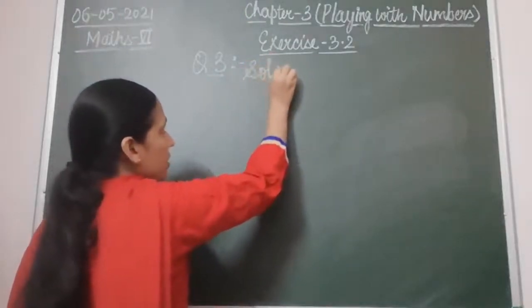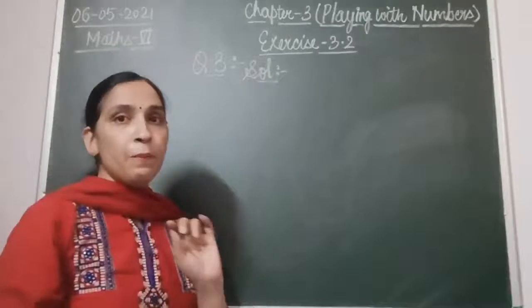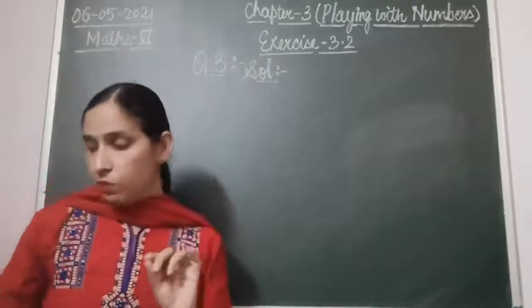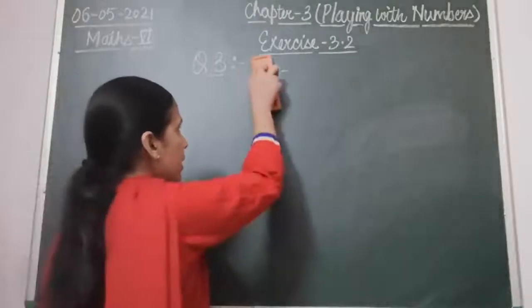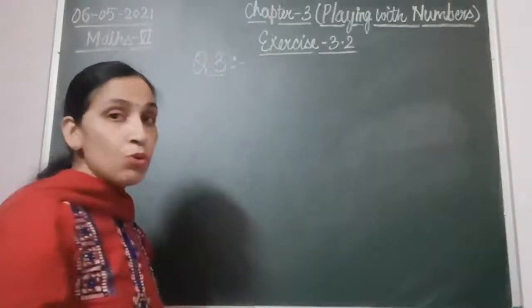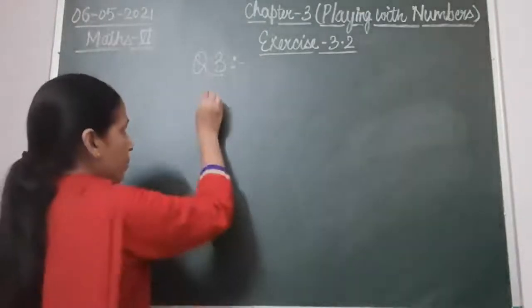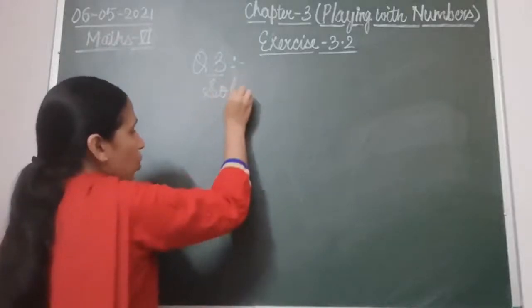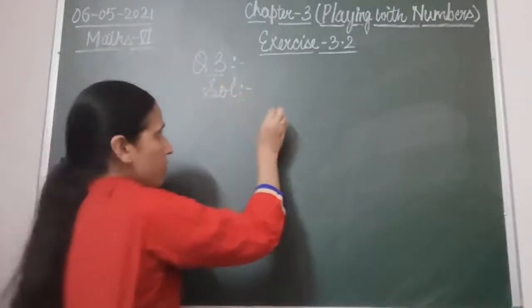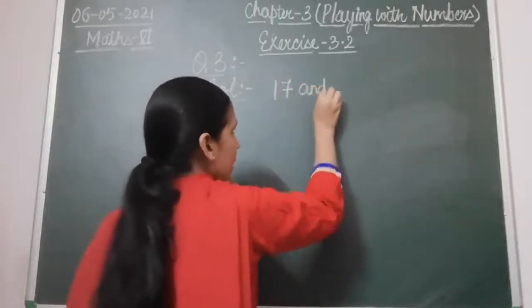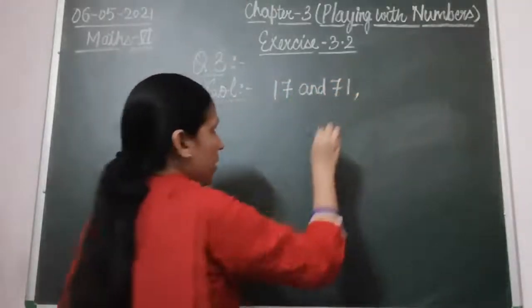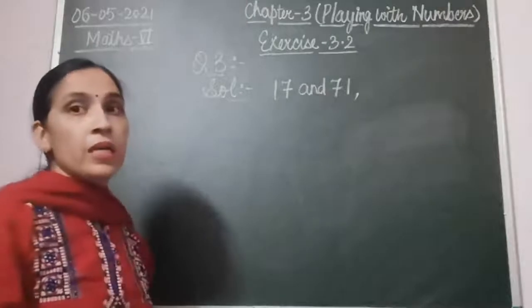One pair which is already given in the question, that is 13 and 31, you don't need to write down again. So what will be our solution? The first pair is 17 and 71. This is your first pair.